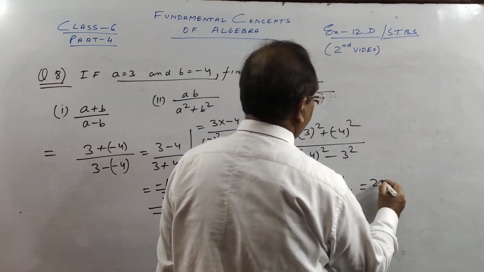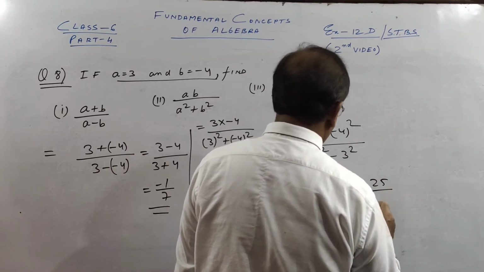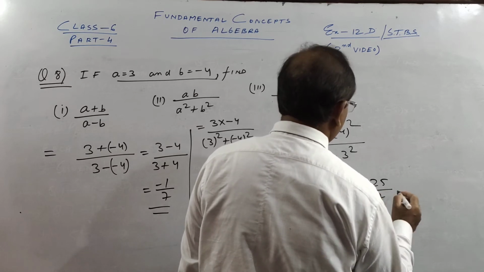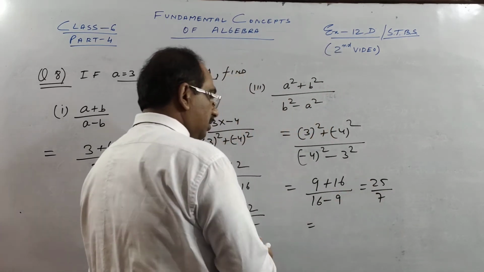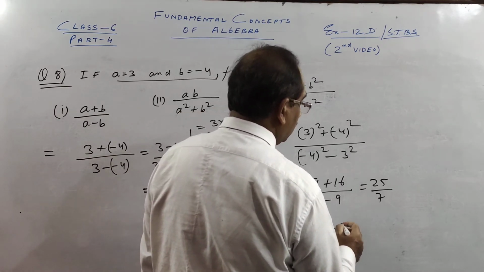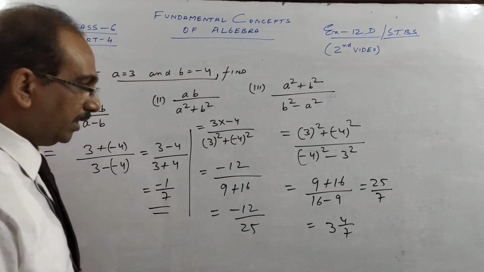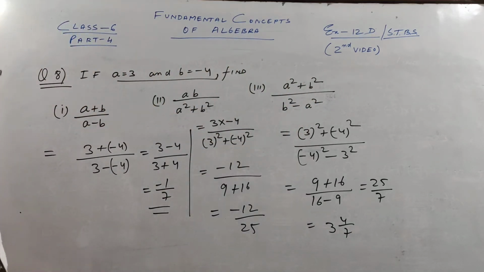So we get 25 by 16 minus 9, which is 7. So leave it as a fraction like that, a rational number, and if you want to convert, 3 7s are 21. So you will get 3 4 by 7. You can pause the video and copy the working.